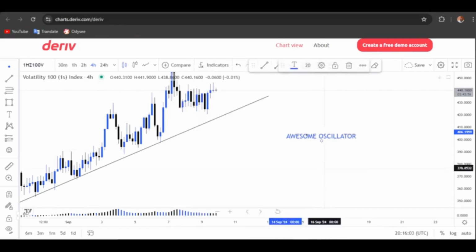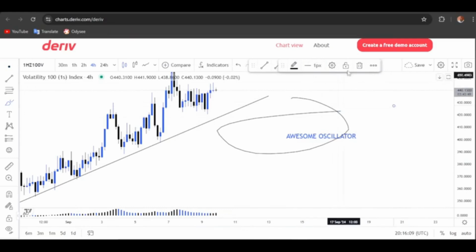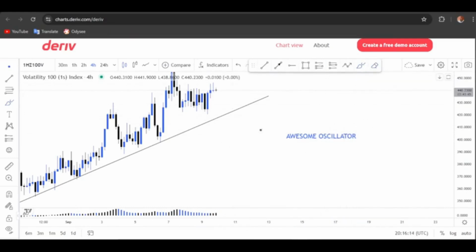The Awesome Oscillator is a leading indicator, not a lagging indicator, which means it gives you the signal ahead of time.